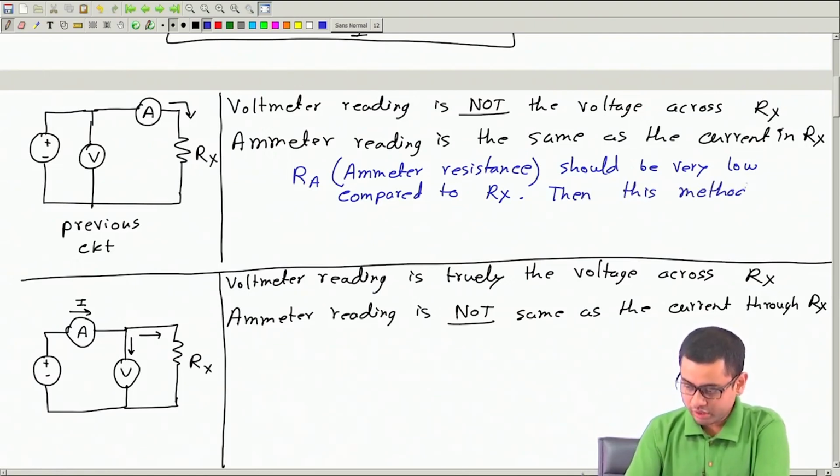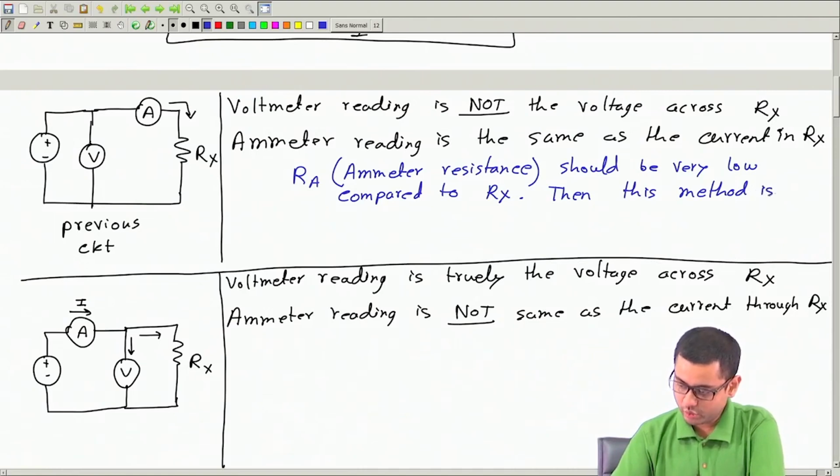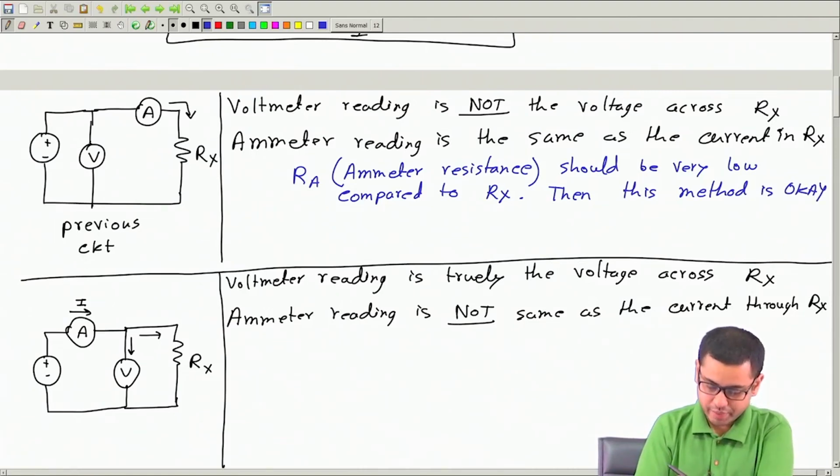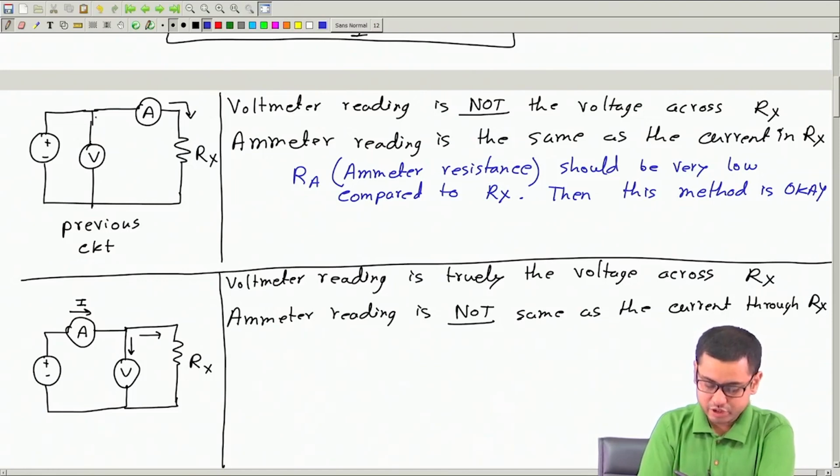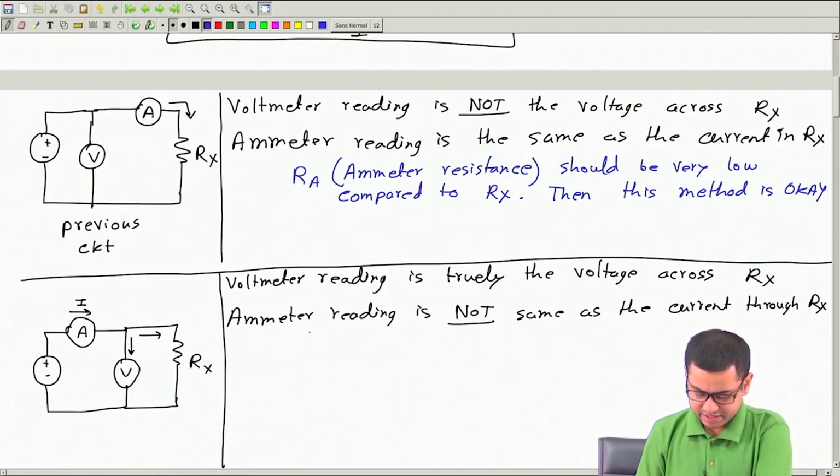Not perfect though, but it's acceptable, because then the voltage drop across this ammeter will be much lower compared to the voltage drop across Rx. So the voltmeter reading will be almost the same as the voltage drop across Rx.